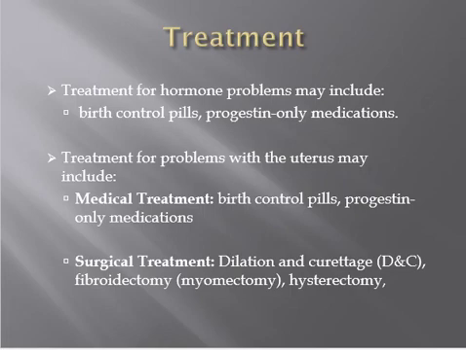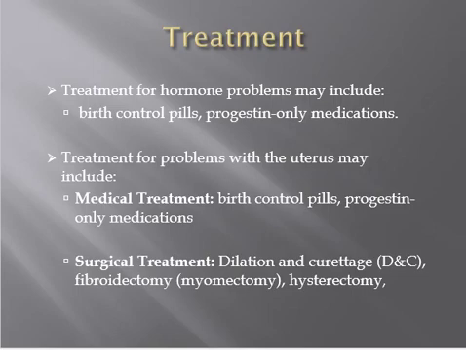Then if it's a result of uterine problems, medical treatment also includes the same birth control pills, progesterone only medications. Then surgical interventions can be used. Examples of the surgical interventions are dilatation and curettage, myomectomy, hysterectomy. So it depends on the cause actually.